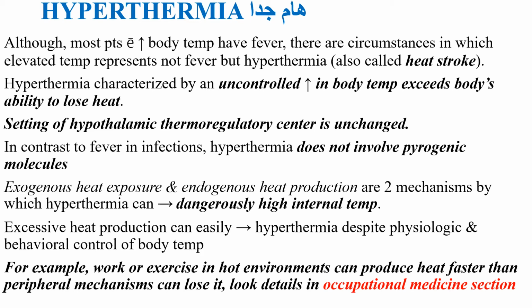Excessive heat production can easily lead to hyperthermia, despite physiologic and behavioral control of body temperature. For example, work or exercise in hot environments can produce heat faster than peripheral mechanisms can lose it. Look for details in occupational medicine.